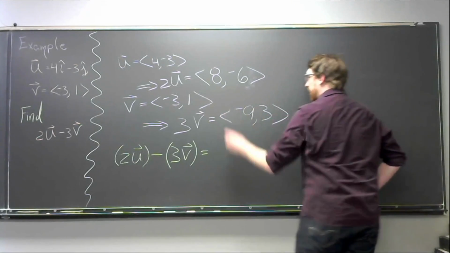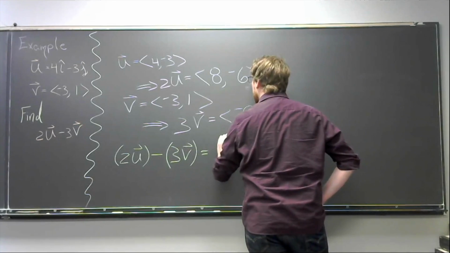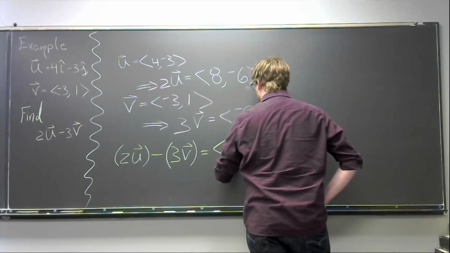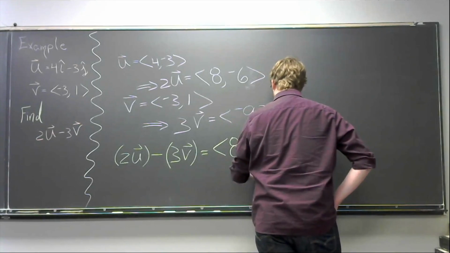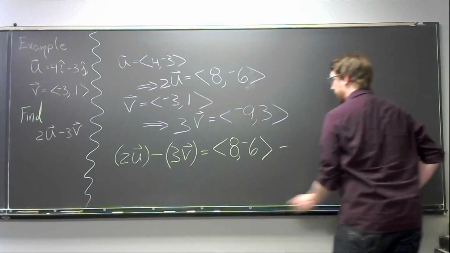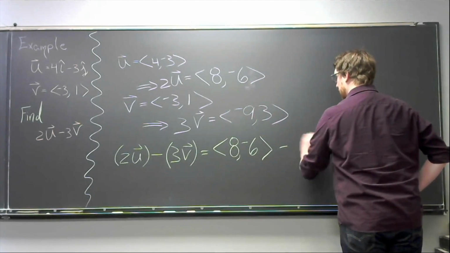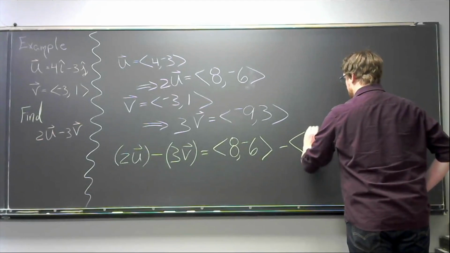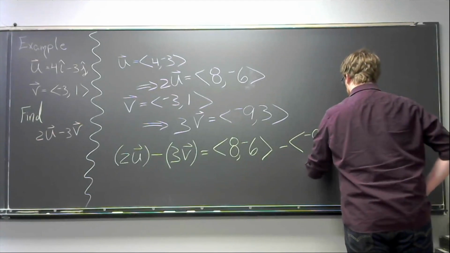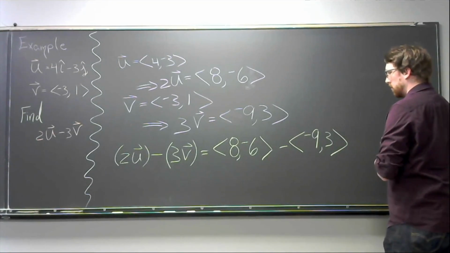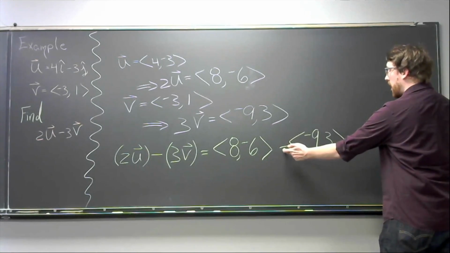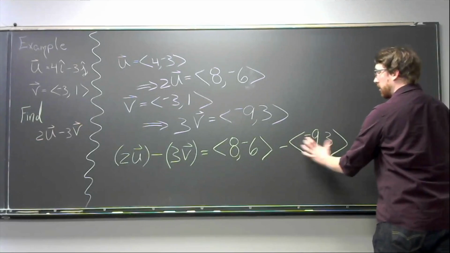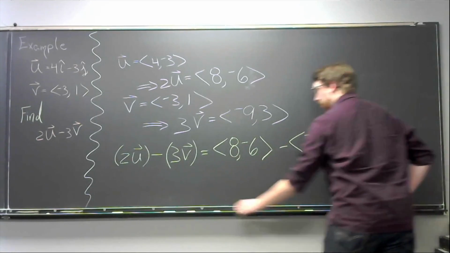So, putting all of this together, we've got 8, -6, minus 3v, which we said is -9, 3. Well, we're subtracting this vector from this vector.